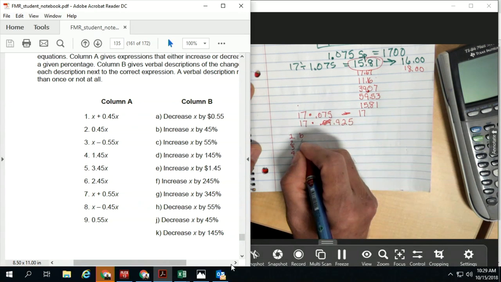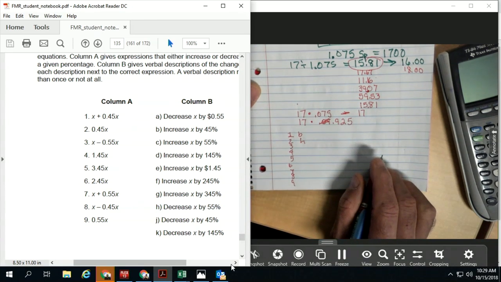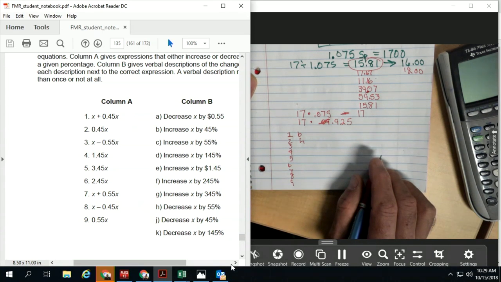H? Is that what you said? Yeah, H makes sense. Does that make sense? Would you agree 0.45 is the same as a 55% decrease? With me, Matt? Yep.